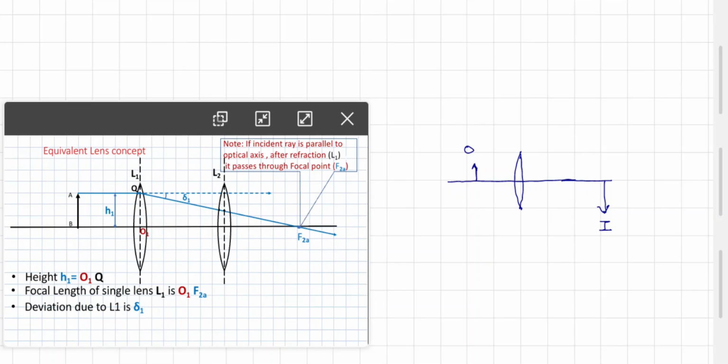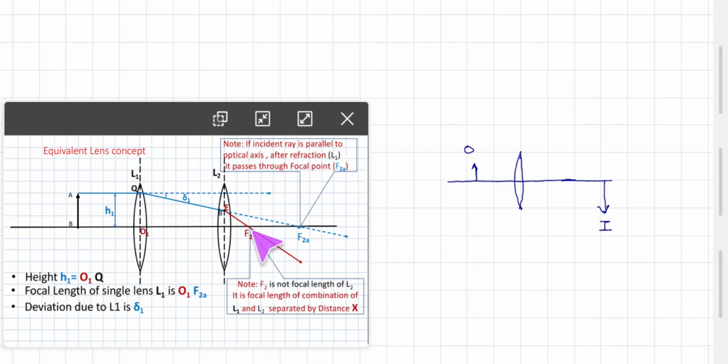So see here once again. Now the lens is here. See what is happening. The ray, instead of going straight, now what is happening? From point B it is again refracting, and this is now the refraction due to lens 2. So remember, due to lens 1 the deviation was delta 1. Now due to lens 2 this deviation is delta 2. So obviously total deviation is equal to delta 1 plus delta 2, that you remember.